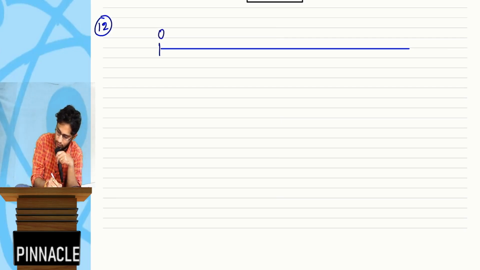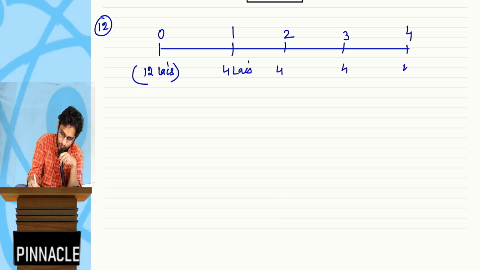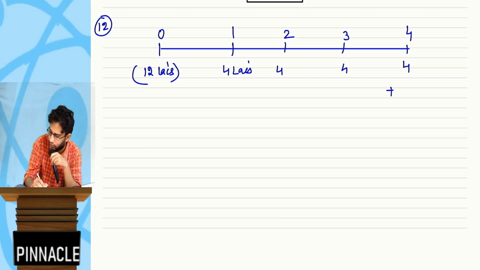Zero. Today 12 lakhs. He did not open zeros. I would also not like to open that. 1, 2, 3, 4. Every year 4 lakhs inflow. Plus here there is a UGRV of 30,000.